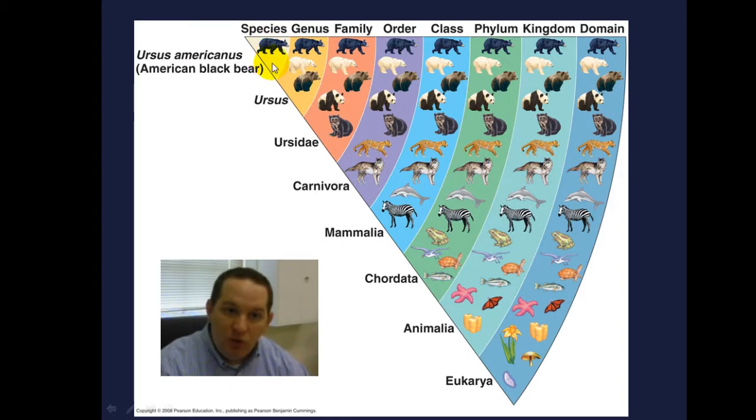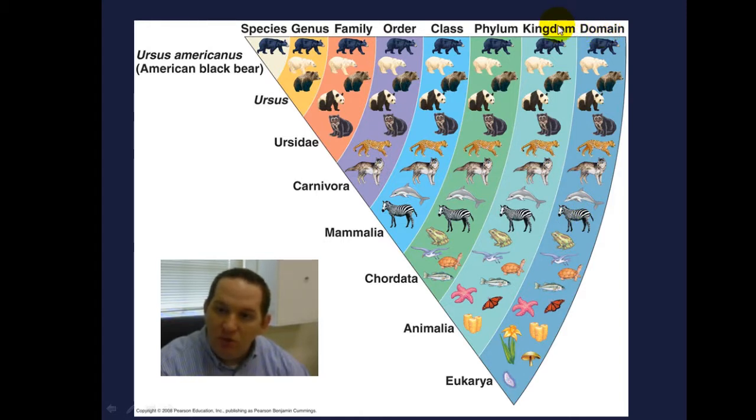Now, if you continue going into this scheme, you'll notice that the domain is very inclusive. The American black bear is in the domain Eukarya, along with plants, butterflies, fungi, and the protists that you see down here. So this is a very wide-ranging classification here, domain.